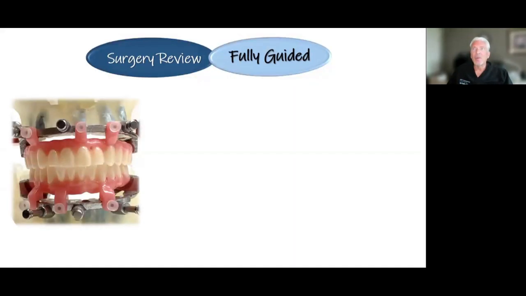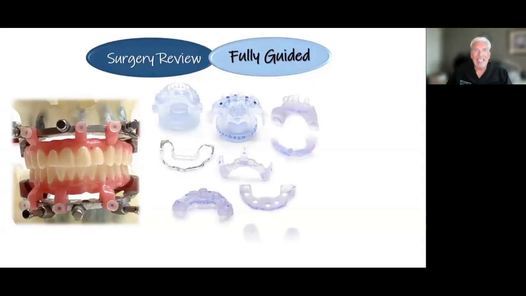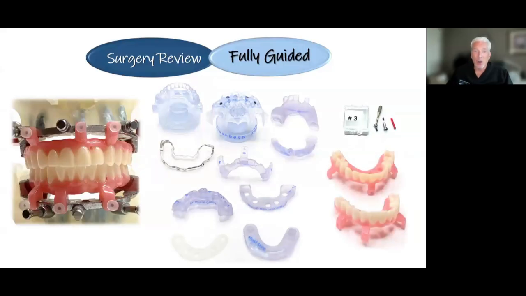So, a little review now of the fully guided. What you're seeing here, there are a lot of components with these types of systems. Beyond the planning, from your CT scan and your online meetings, talking about where the implants are going to go, where the horizontal anchor pins are going to go, all these different things, there are a series of different guides. I'm not going to go through all of them. That's not the intent tonight.